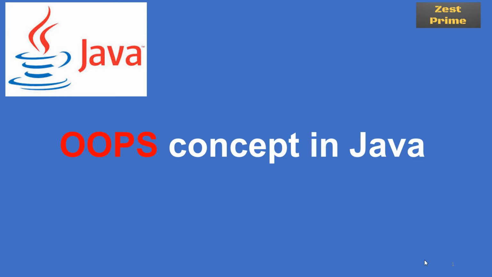The second one is reusable code. The code we write can be reused in the future when we write programs by applying these OOPS principles. Another advantage is that the code becomes cleaner and easy for other people to understand.